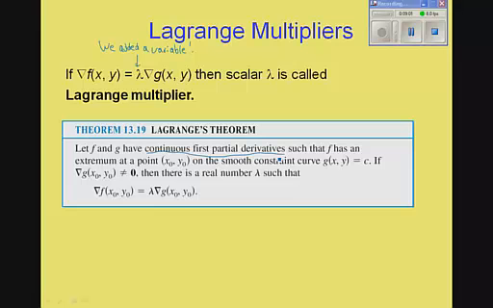So if f and g have continuous first partial derivatives such that f has an extremum at a point x naught, y naught, let me say this in English.